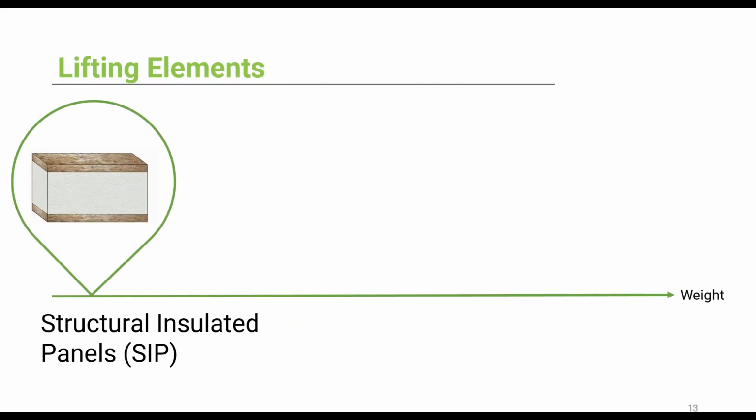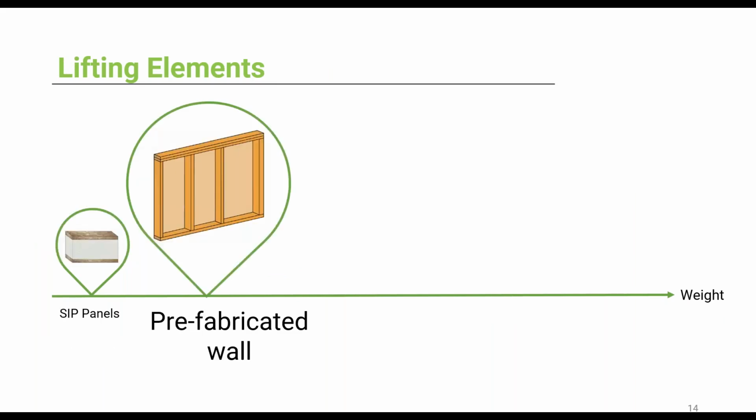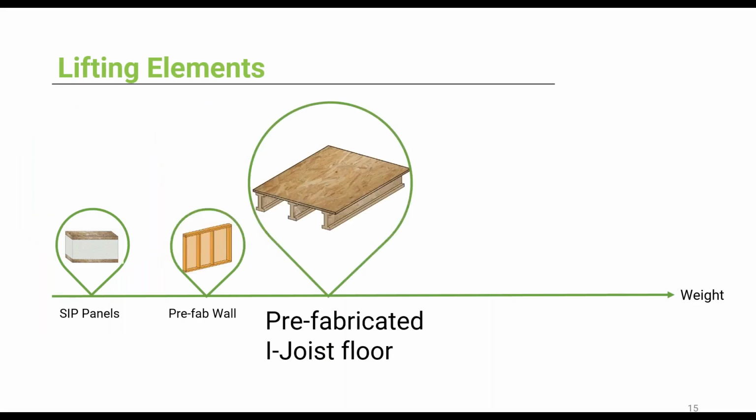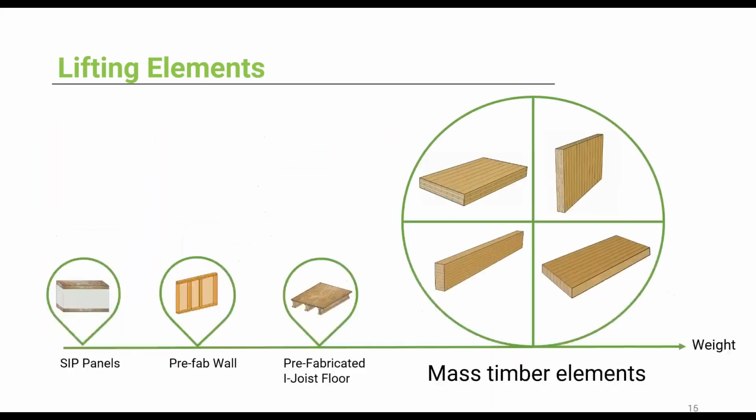We can look at the timber elements that the yoke anchors can lift. The elements are categorized based on their weight, with the heavier panel on the far right. The first is structural insulated panels, or SIP panels. Prefabricated wall panels, prefabricated I-joist floors, and different mass timber elements.